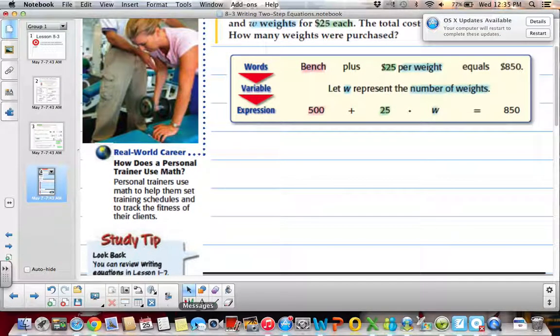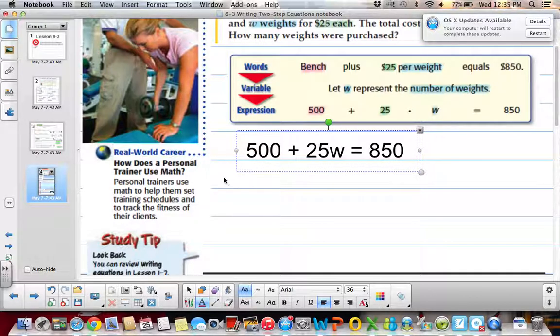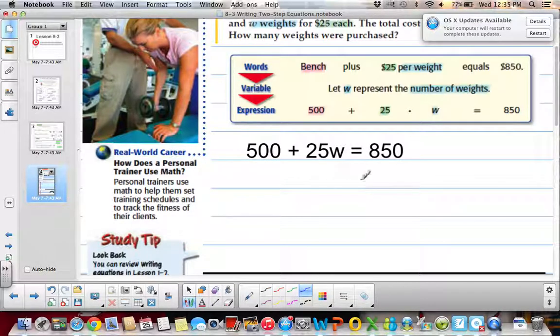Okay, so then we are going to solve. So if we have 500 plus 25W equals 850, and now we think back to how do we solve two-step equations? Okay, we're going to go back to our railroad tracks. This is really good review for us.